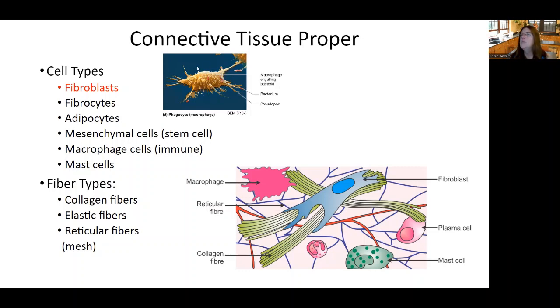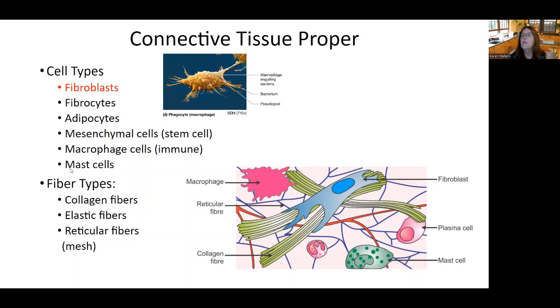This is an immune system cell that is always on the hunt. It eats bacteria and other debris or cells that it finds in the tissues that it thinks don't really belong there. So they're very important. They move around within the connective tissue. They're not fixed. They can kind of scavenge for any foreign invaders there.